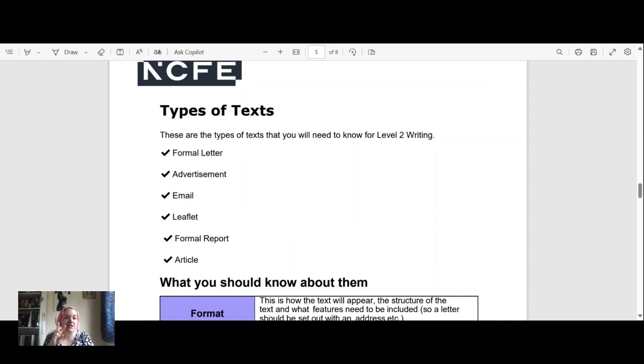Those 2 documents could be, as you can see on this list, a formal letter, an advertisement, email, leaflet, formal report, or an article. Therefore, if you want to make sure that you are comfortable knowing what every single one of these looks like and sounds like before your exam, that will ensure that you are fully prepared before you go in.